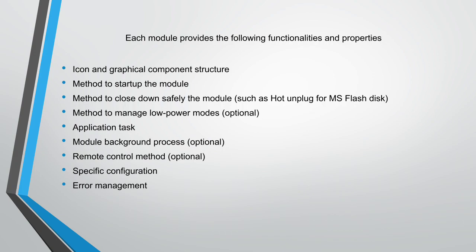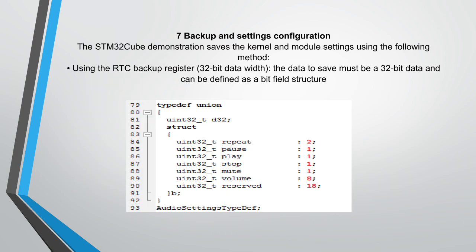So backup and settings configuration. The STM32Cube demonstration saves the kernel and module settings using the following method. Using the RTC backup register, 32-bit data width, the data to save must be 32-bit data and can be defined as a bit field structure. See this audio settings typedef.